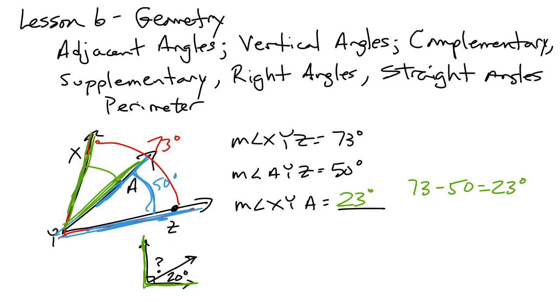The square in the corner indicates that this much is 90 degrees. This part of it, because these two angles are inside of each other, this much is 20 degrees. Well, to open up 90 degrees, we would have to go this much more. So we have to take 90 and subtract 20 and get 70 degrees. So this angle is 70 degrees.